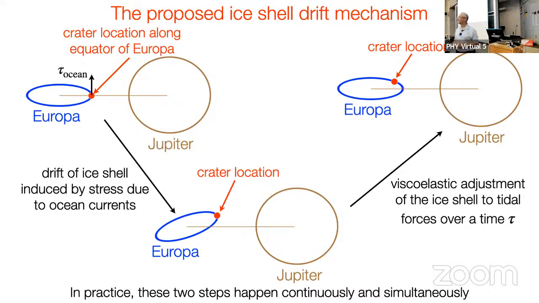The combination of these effects rotates the axis. So this would be the axis of rotation of Europa, and it would be spinning like that. Think about this as the North Pole facing us.